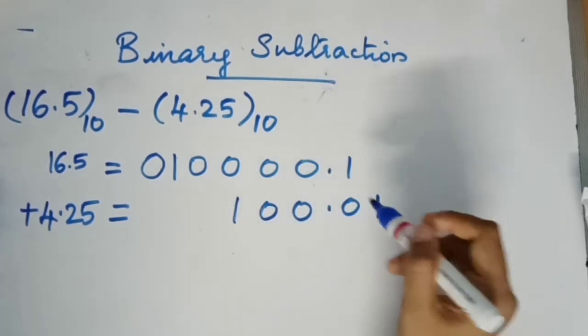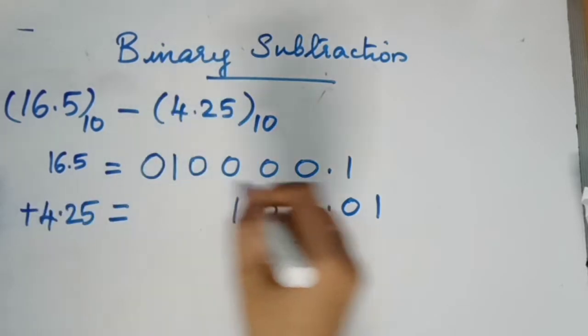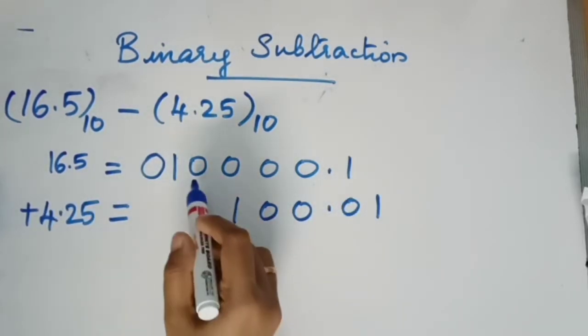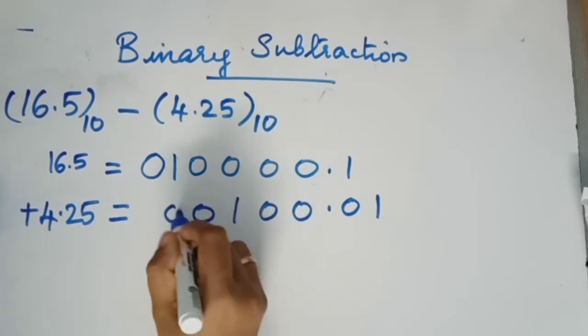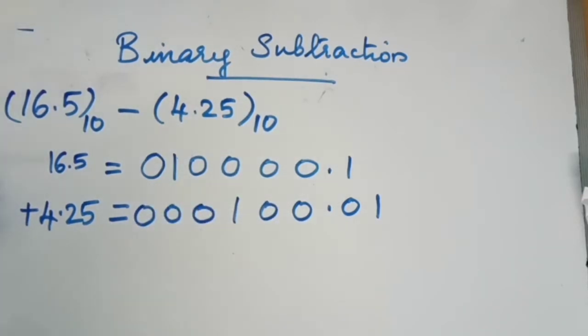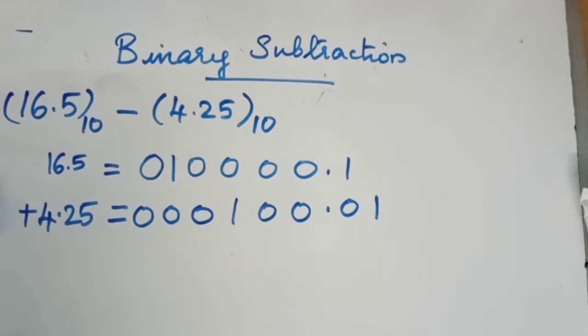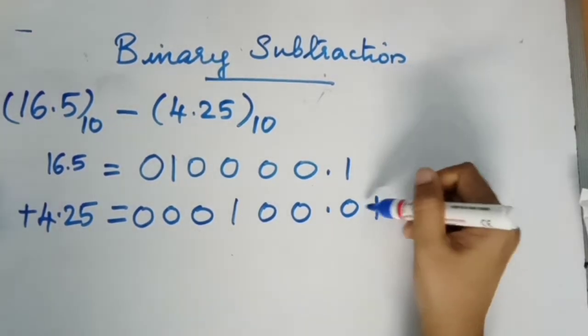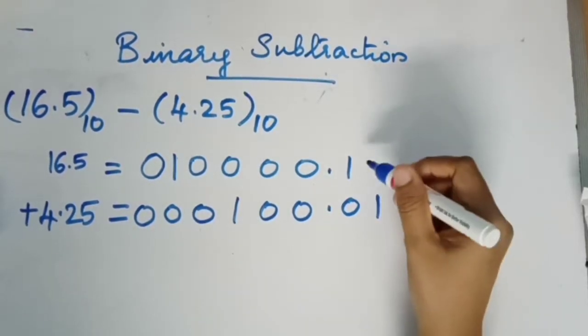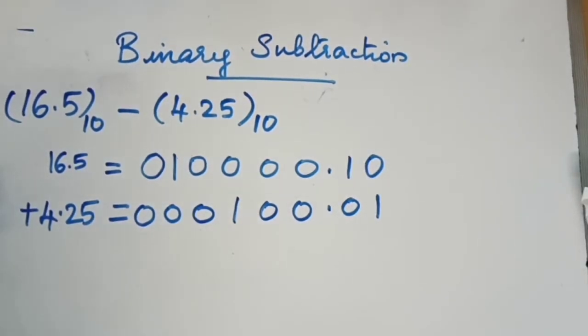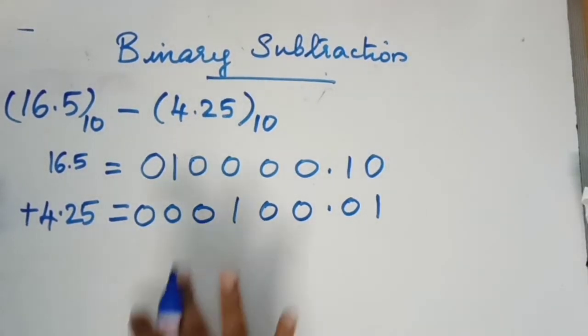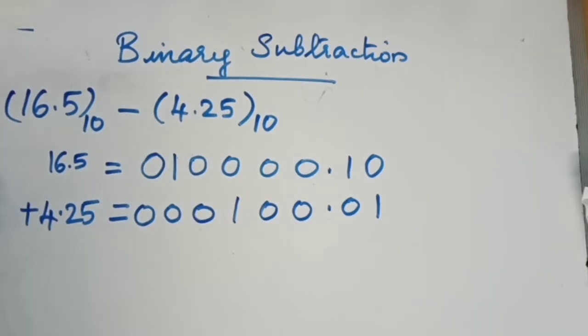In the first case, 16.5, you have extra bits to the left, so you'll add zeros to the left, and here you have an extra bit to the right, so here we will add a 0. So that both the numbers have the same number of bits.